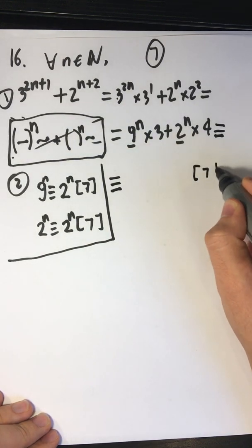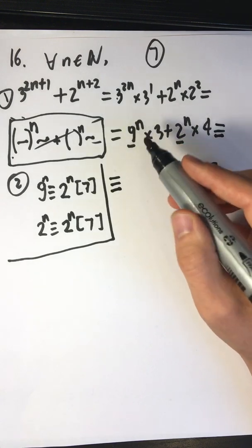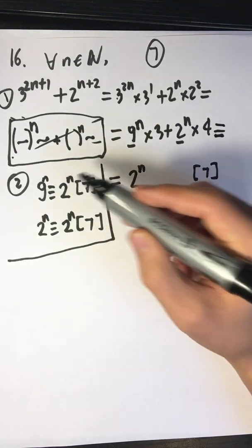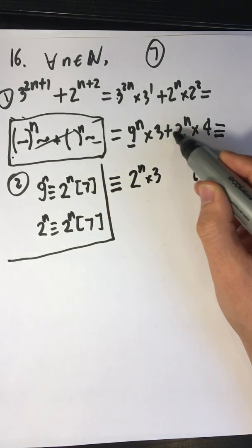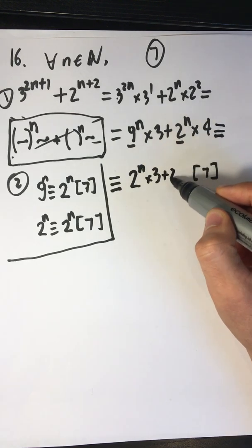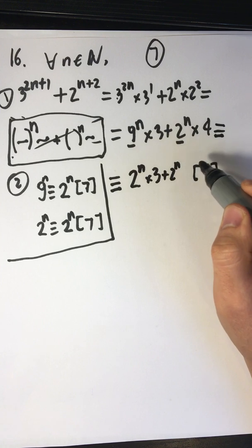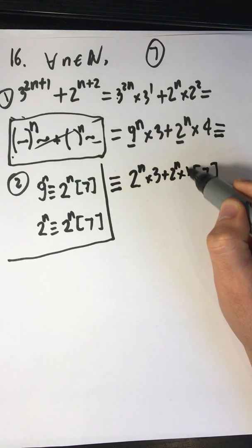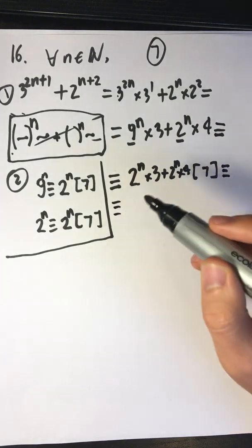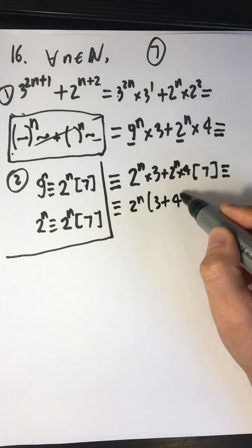If it's mod 7, instead of 9 to the n, you write 2 to the n based on this, multiplied by 3, and then plus 2 to the n multiplied by 4. And now you can continue.